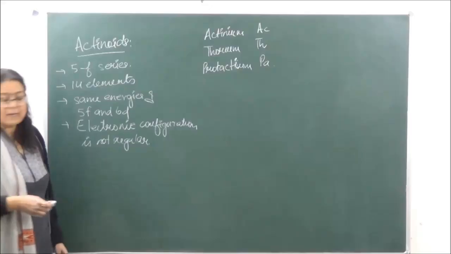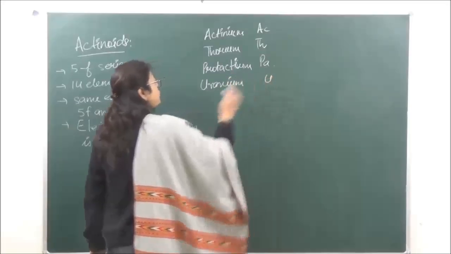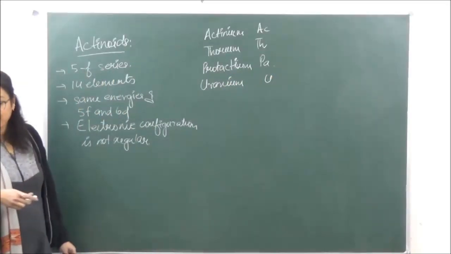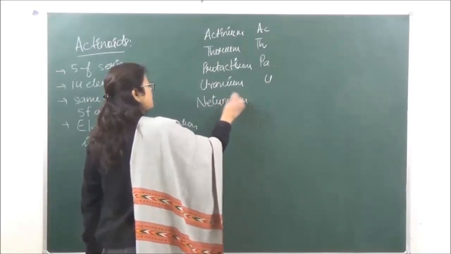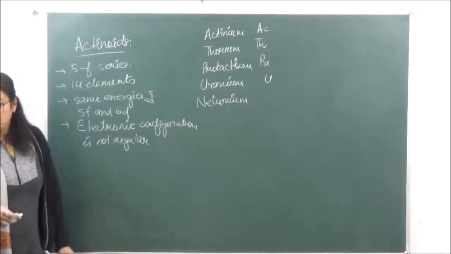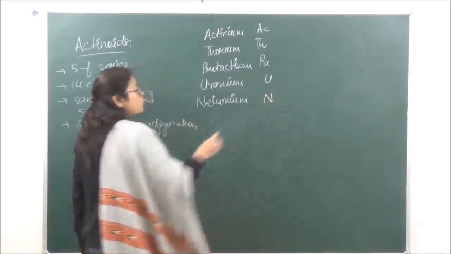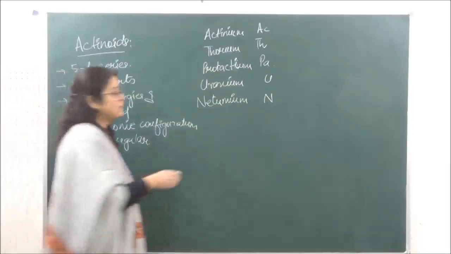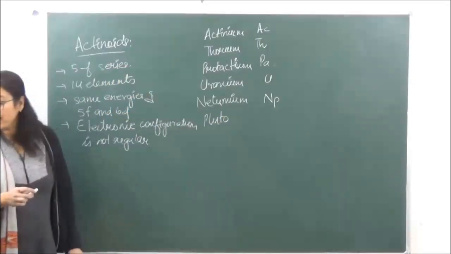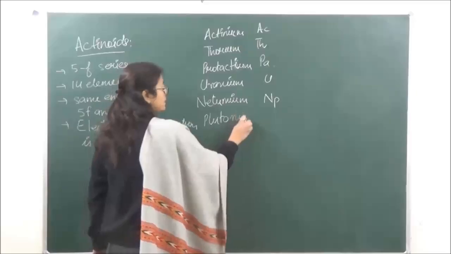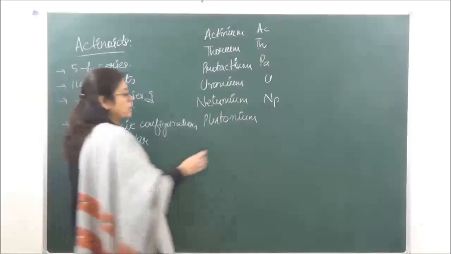Right? Then the next one is uranium with the symbol U. After uranium we have neptunium. This has the symbol of Np. Then we have the next one, plutonium, which has a symbol of Pu.